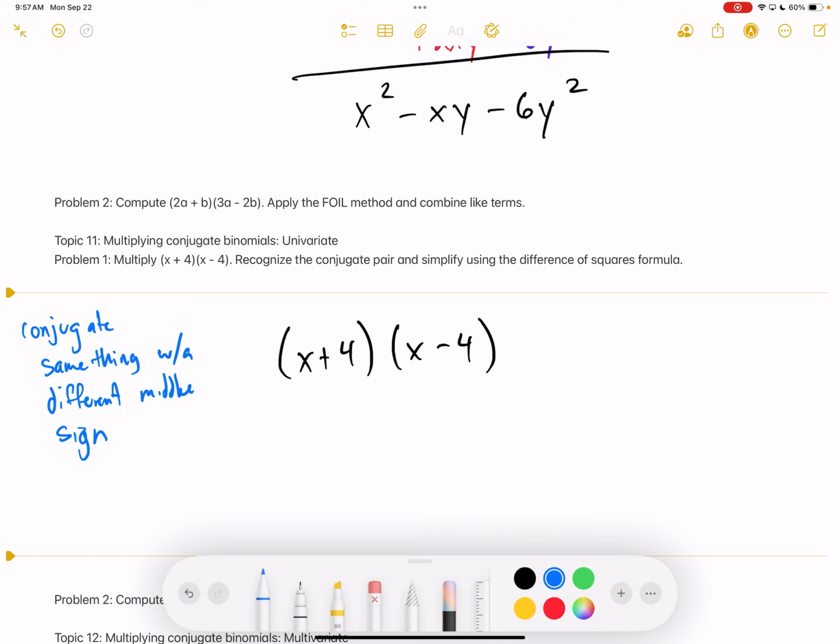So like one's x plus 4, one's x minus 4, okay? So they're the same thing, they just have different signs. There is a shortcut to this. I do not like teaching the shortcut because I never want you to mix it up.